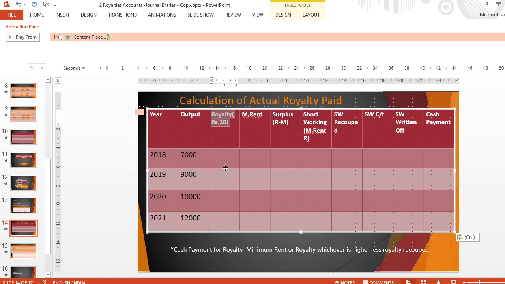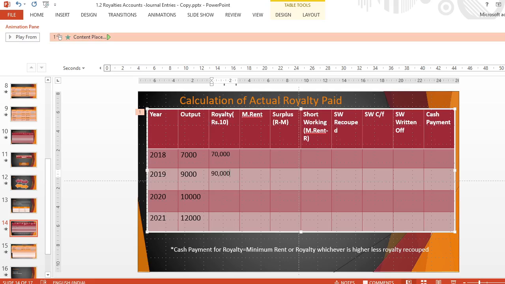So for this royalty calculation, output into royalty per ton. So in the year 2018, 7,000 tons of production into royalty per ton of production is 10. So 7,000 into 10 rupees. So it is 70,000. And in the year 2019, 9,000 into 10 rupees.